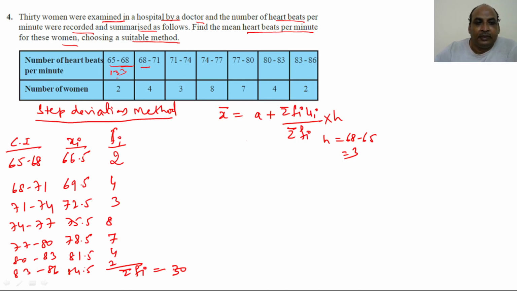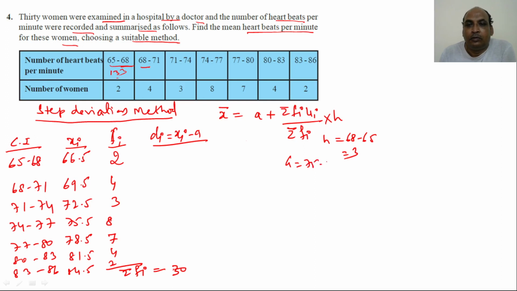Okay, right. Now, assumed mean. So di is equal to xi minus a. Assumed mean, let us take 75.5. Okay, assumed mean 75.5. So 66.5 minus 75.5, this is equal to minus 9.